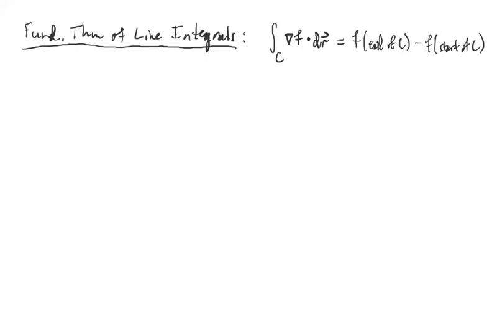All that matters is its beginning and its end. That's an amazing thing. It says something interesting about how conservative vector fields actually behave.